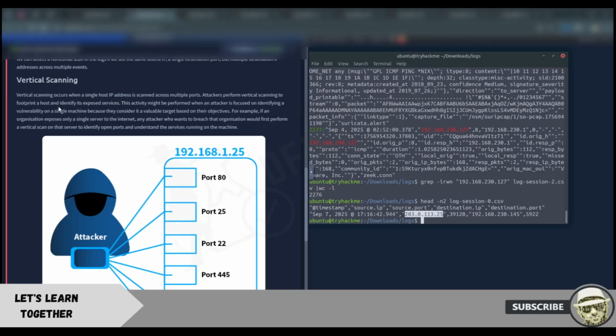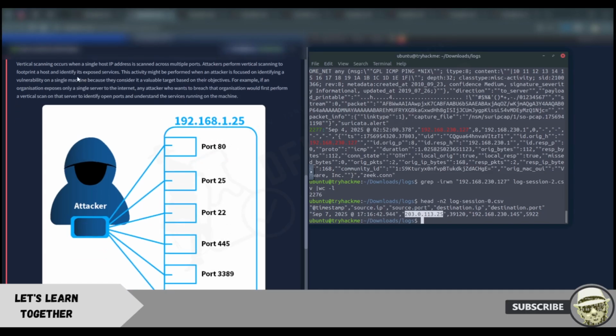Vertical scanning occurs when a single IP address is scanned across multiple ports. Attackers perform vertical scanning to footprint a host and identify its exposed services. This activity might be performed when the attacker is focused on identifying a vulnerability on a single machine, based on their objectives.